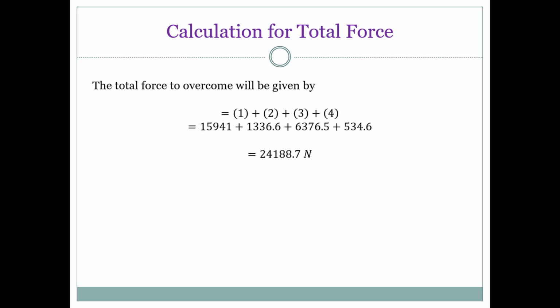But this is a numerical on an ascending set of tubs, and therefore the total force required will be 1 plus 2 plus 3 plus 4, and therefore you will get a numerical value of 24188.7 newtons when you add all these component forces.